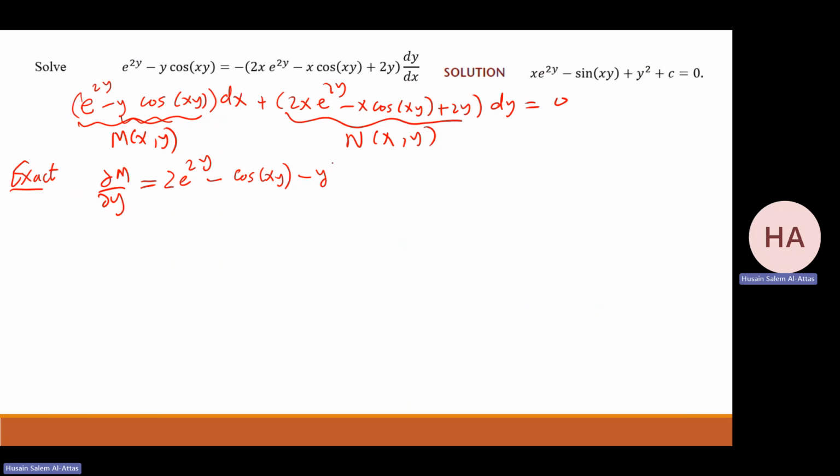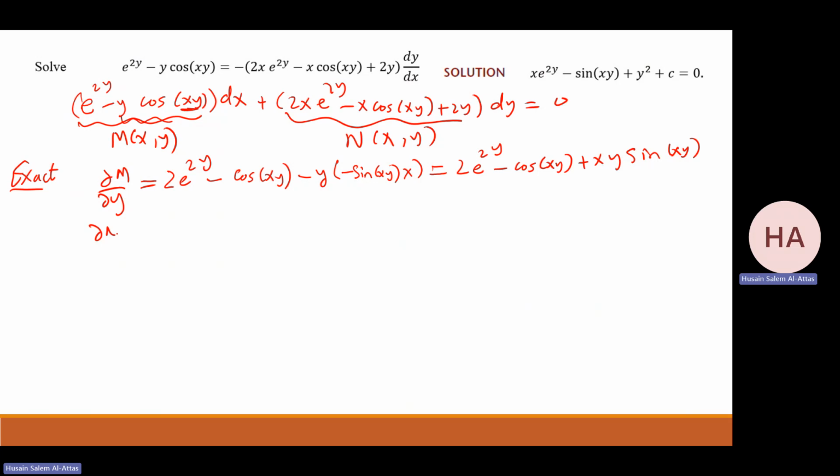Derivative of cosine is what? Cosine something times y. So it will be minus sine xy, derivative of this with respect to y, which is x. I have a constant times y. Consider x as a constant. So that will be what? 2e to the 2y minus cosine xy plus xy sine xy.